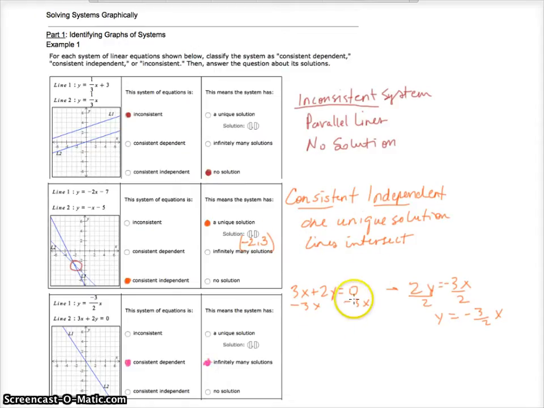So for consistent dependent, identical lines, infinitely many solutions.